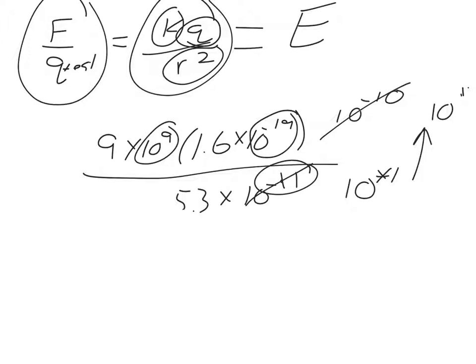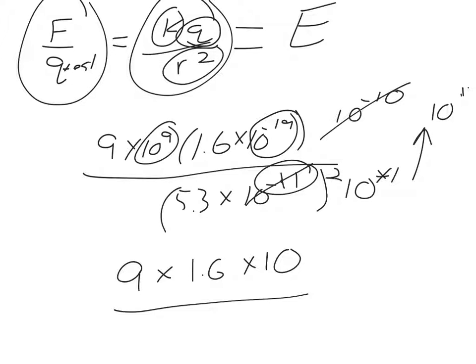So, rewriting this, 9 times 1.6, that 10 is on top, divided by, oh, I forgot that this was squared. So I will still have a 10 to the minus 11 on bottom, and this is squared. So pop those 10 to the 11s up as well.